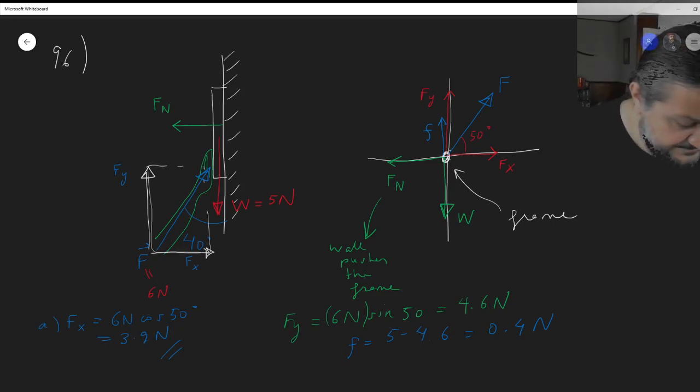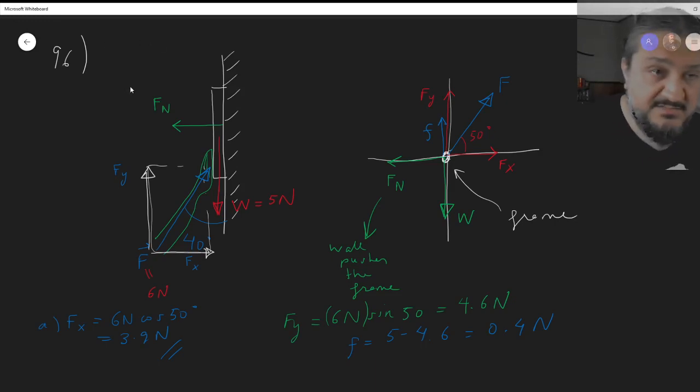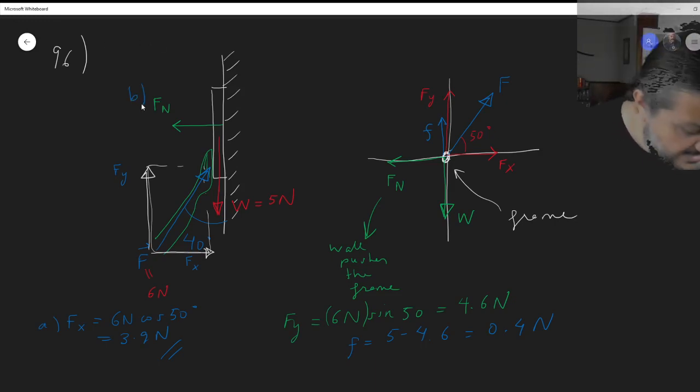And that's part A. Part B, what is the direction of the normal force exerted on the picture by the wall? It's to the left. We already took care of that. This is part B. Part C, what is the minimum coefficient of static friction between the wall and the picture?